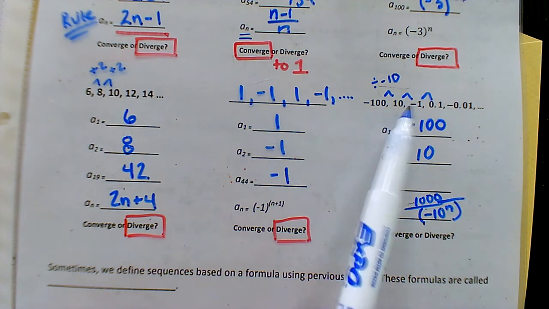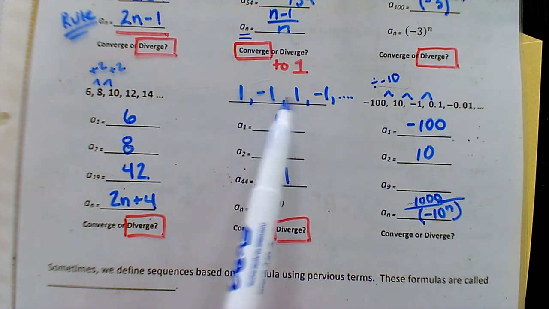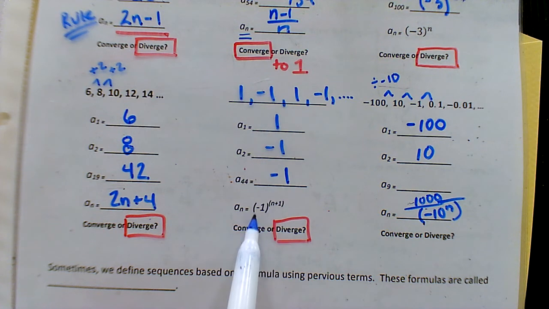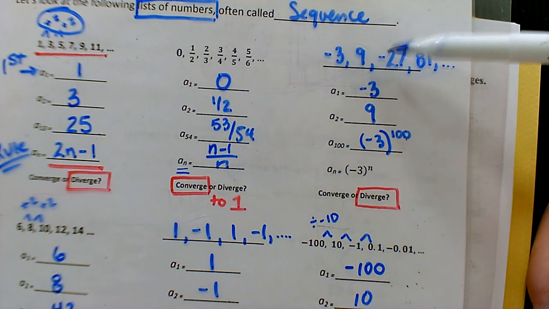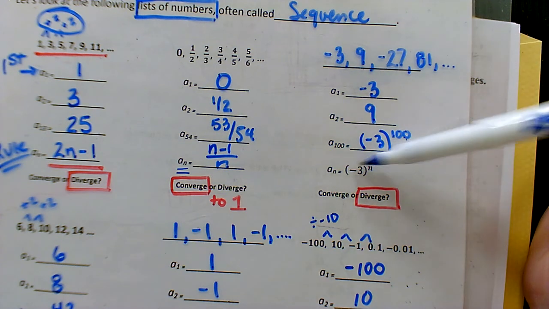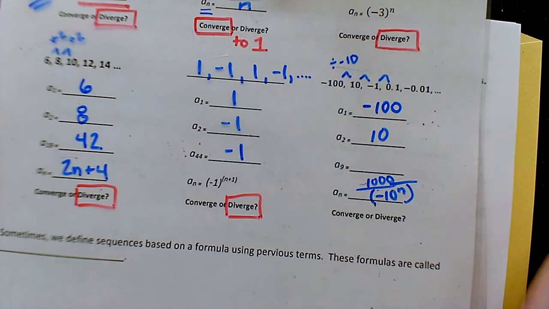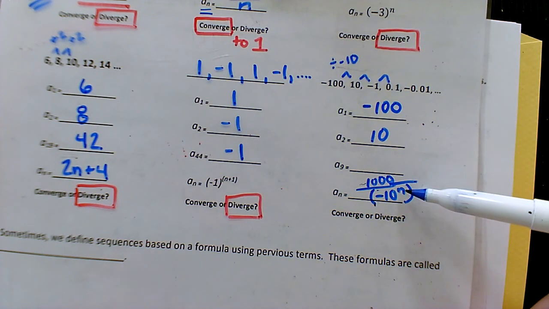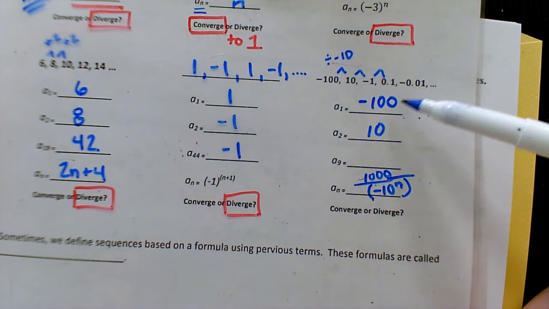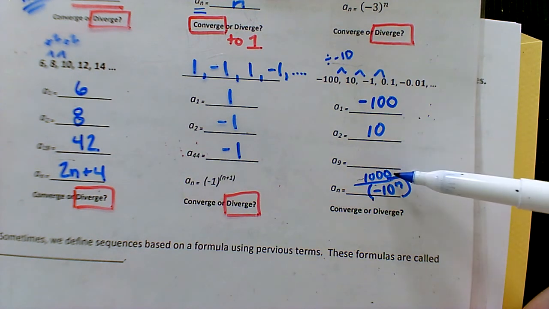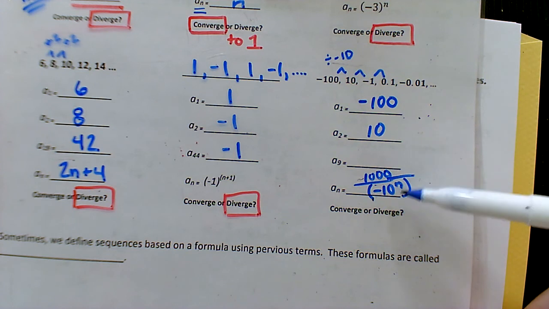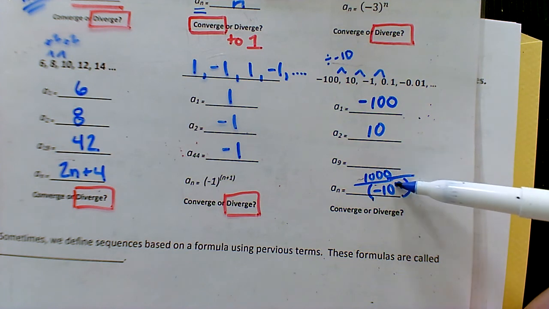Okay. Notice how this one's oscillating too, right? Just like this one oscillated, you bounce back and forth. So we have some type of negative going on. Didn't this one, we were going back and forth between positive and negative? So we had some type of negative to a power going on. So maybe we have to use that here. So if we plug in 1, that'd be 1,000 over negative 10, so that checks out. If we plug in 2, it might just be how we write this, because in terms of order of operations, we do 10 squared first.